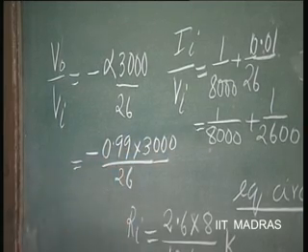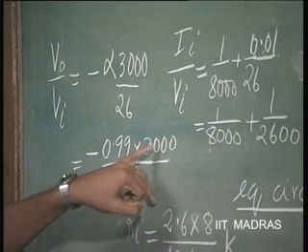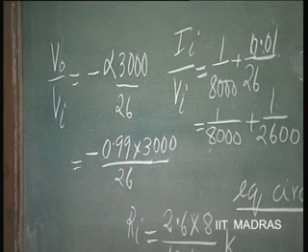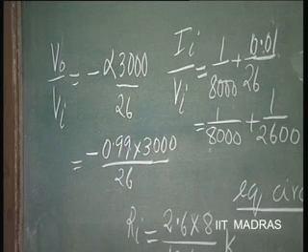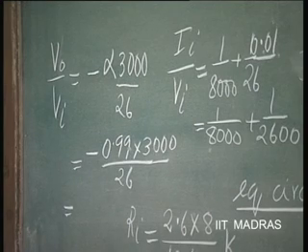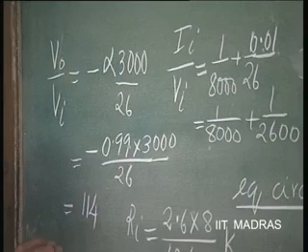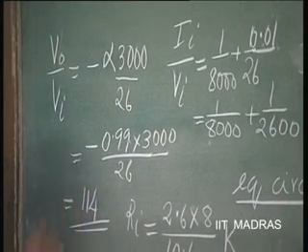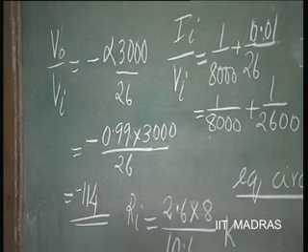This is roughly, please calculate this, about 120. How much is it? 0.99 into 3000 by 26. 114. Okay, 114 minus. So, that is the voltage gain.